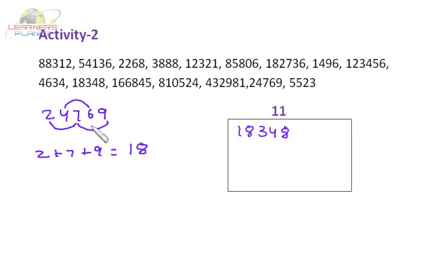Okay, and remaining numbers 4 plus 6. It's 10. Now the difference between them is 8, but we want the difference to be either 0 or 11. So here the difference is 8. That means the given number is not multiple of 11. Okay, I hope you are getting my point.